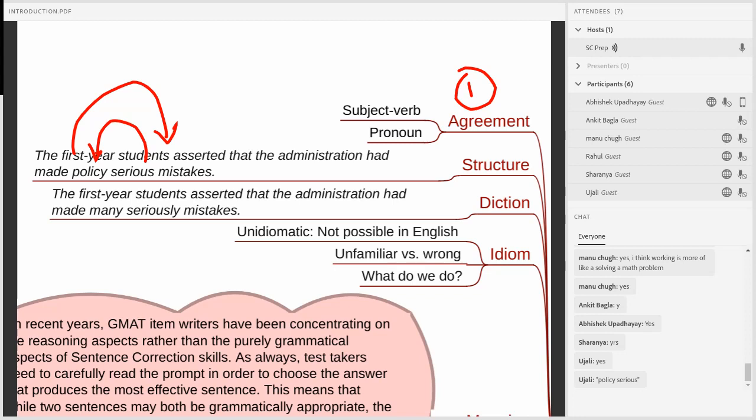Structure is also fundamental in the sense that if you are good at structure, whether through practice or through your natural ability built up through years of reading, you will be able to spot other errors. That is the main thing that I want to leave you with.